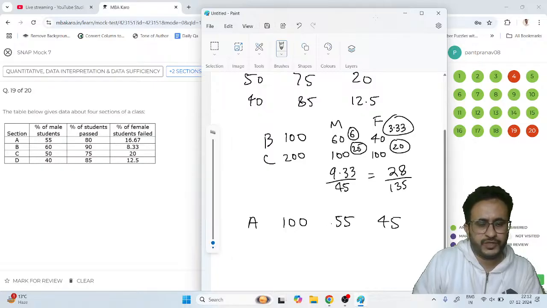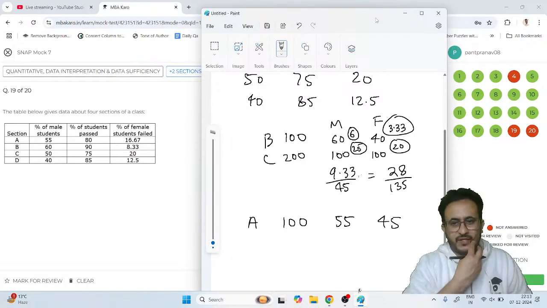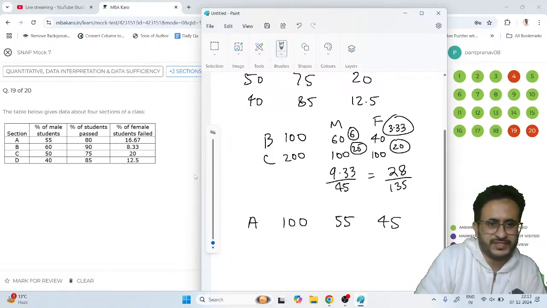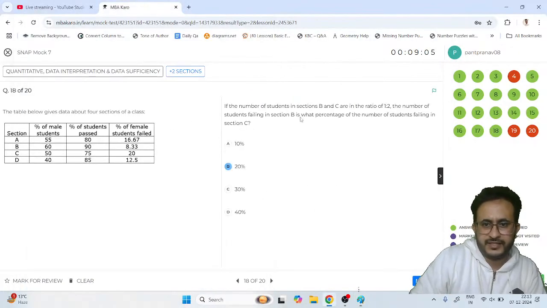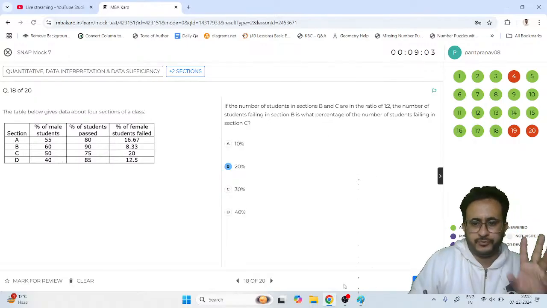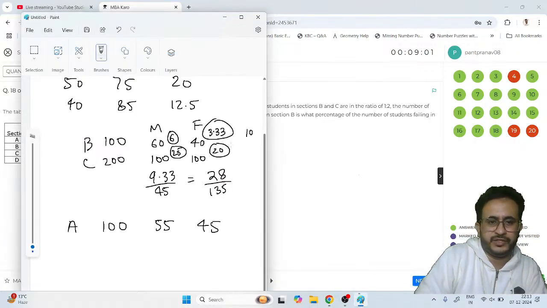Student passed is... Acha, I made some calculation mistake in the previous question, because student passed is of total. So let's correct the previous one. 90% are passed, so that means 10 are failed. So we made a mistake in that. Student failing is what has been asked, so we will calculate only the overall one.